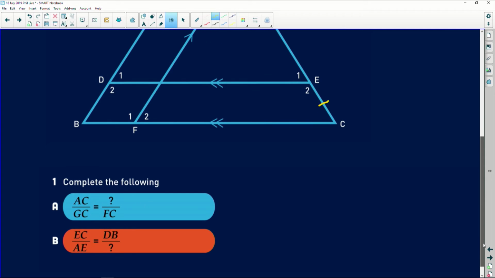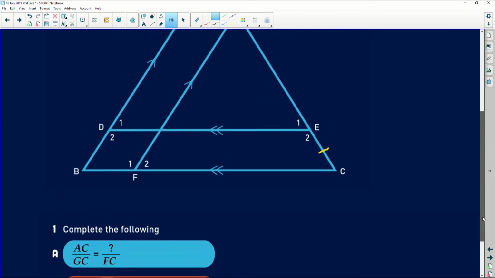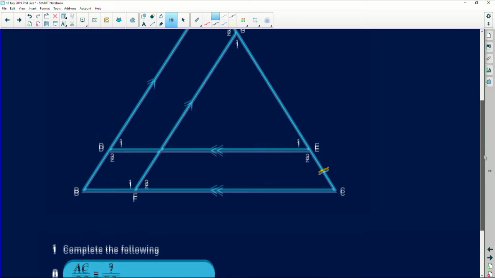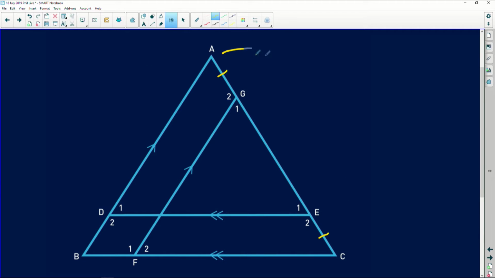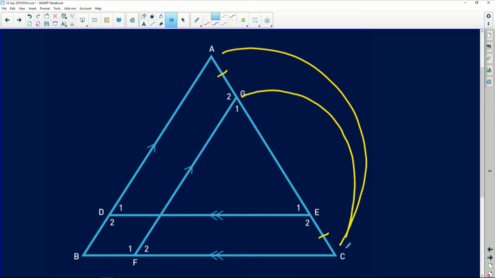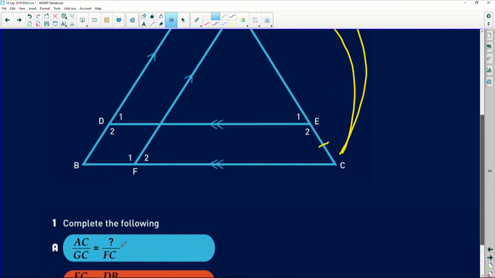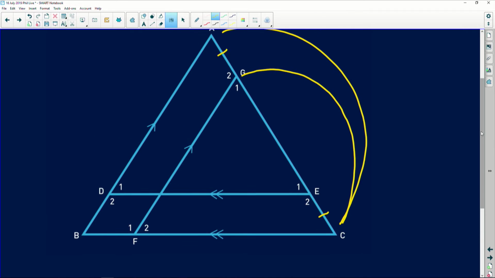Firstly, it says complete the following. Okay, so we have some ratios that we need to deal with. AC over GC. We have AC over here and GC over here is equal to something over FC. So let's identify FC. FC is this short thing here.